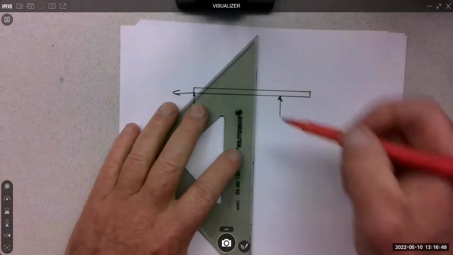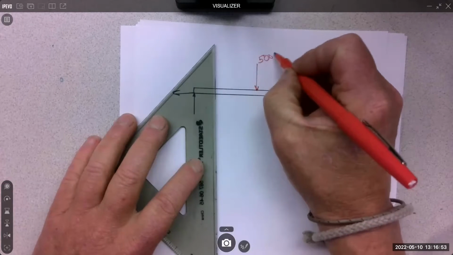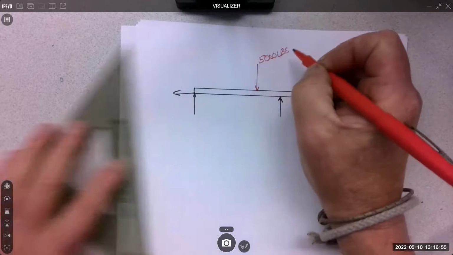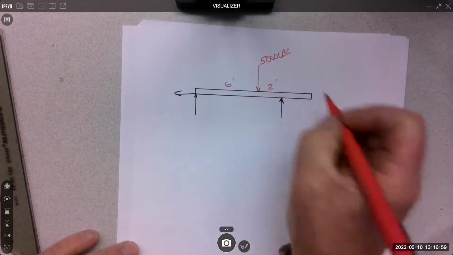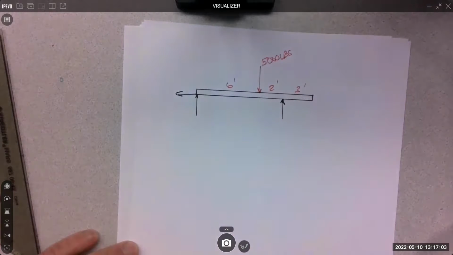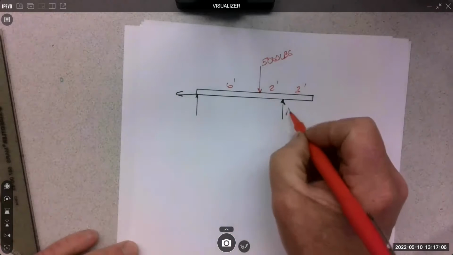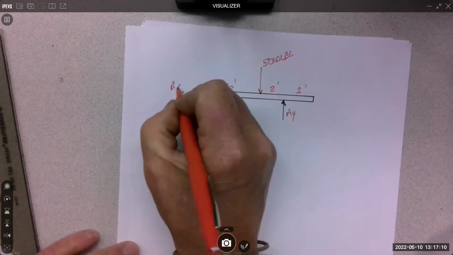Then I'm just going to put a single load on it. We'll put 5,000 pounds. So I'm going to locate it 6 feet here, 2 feet, and 3 feet. All right, and we'll call these AY, BY, BX.